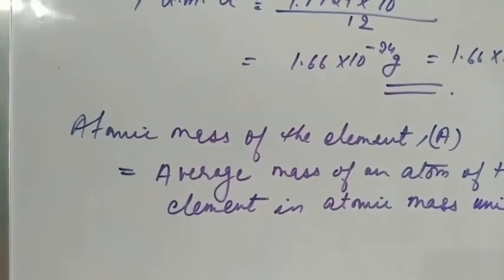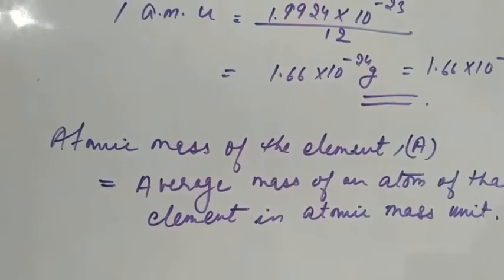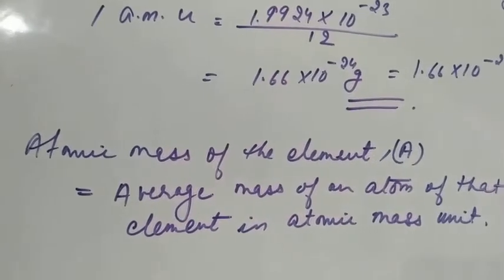Clear? What is atomic mass of the element? The average mass of an atom of an element in atomic mass unit is called atomic mass.